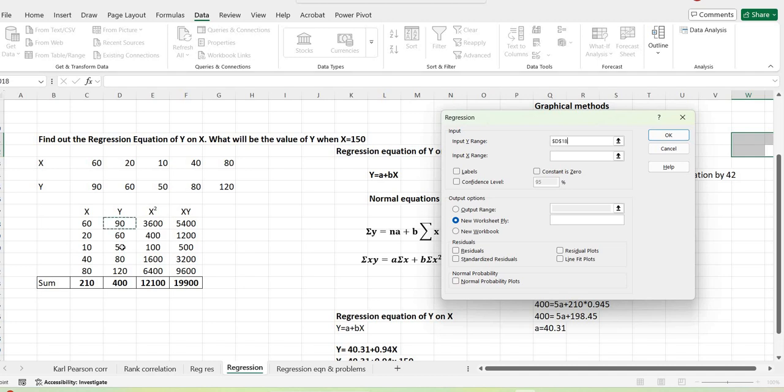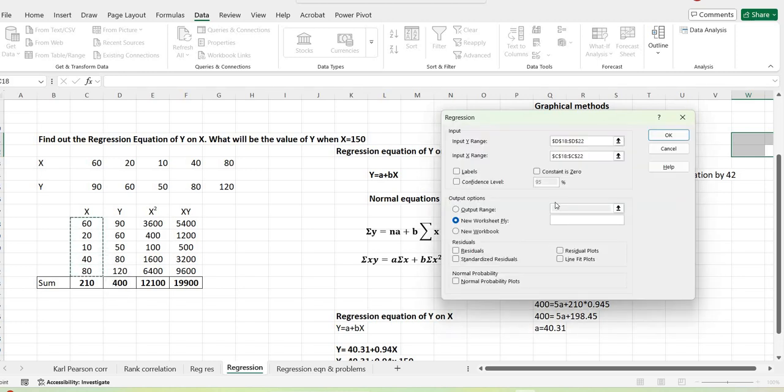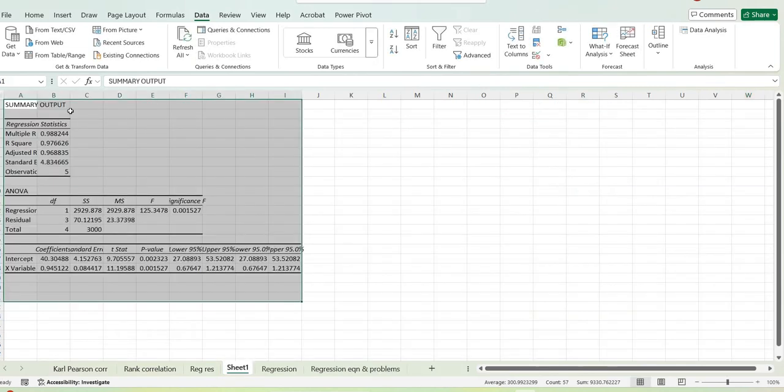This is the value of y. Then choose the value of x. Confidence level is 95% and we can get the result in a new worksheet. So when we click on OK, this is how we get the result.